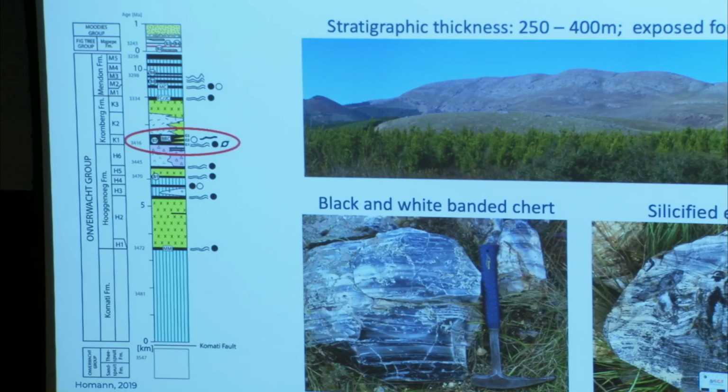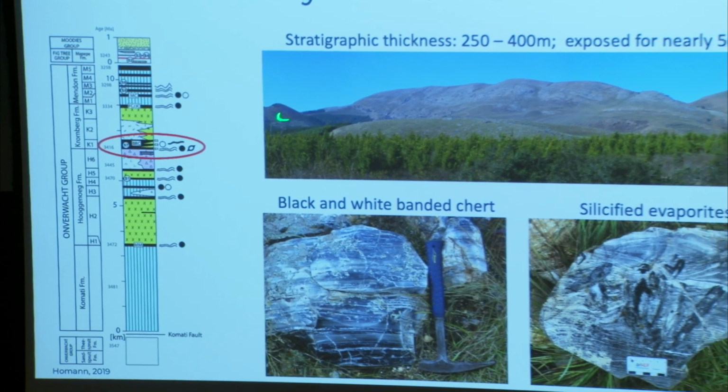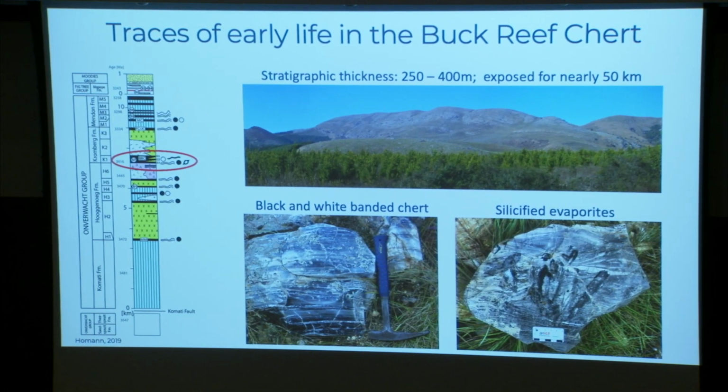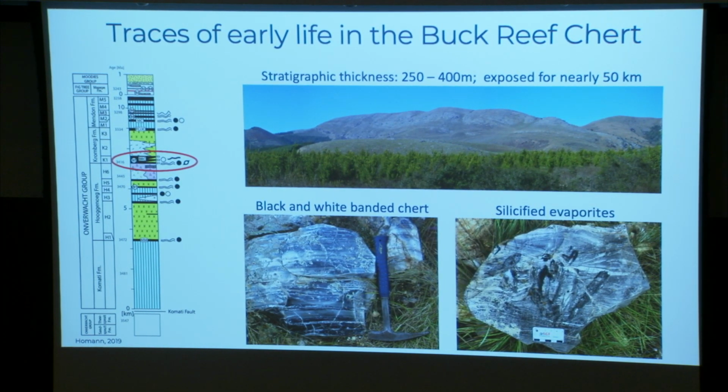So let's start with rocks from the Buck Reef chert. The Buck Reef chert is quite a massive accumulation of chert. It's between 250 and 400 meters thick. It can be traced for more than 50 kilometers along strike. It contains quite a peculiar black and white banded chert, so it's almost pure silica, and in places we also see some silicified evaporites.